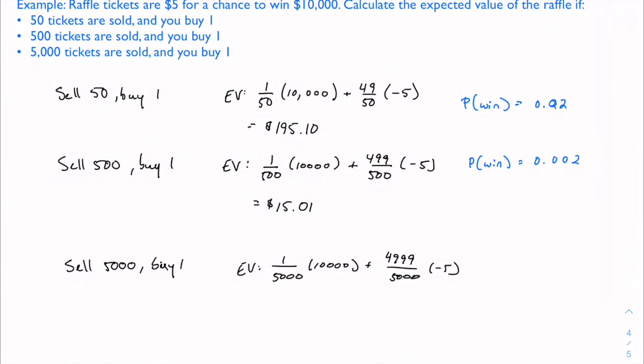And I come out with an expected value of about negative $2.99. So now it starts to become more in the favor of whoever's running the raffle, because they probably stand to make more on this than they gave out in the first place. And here my probability of winning would be 0.0002.